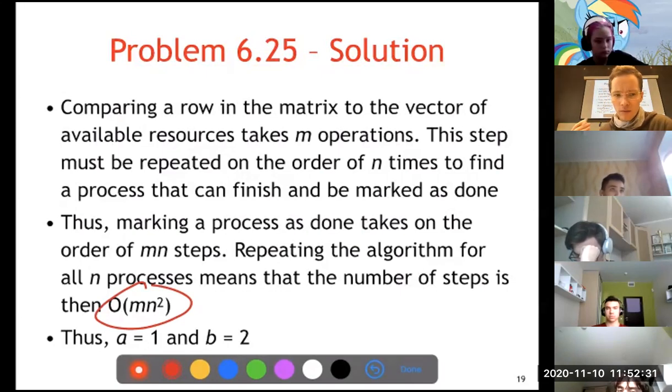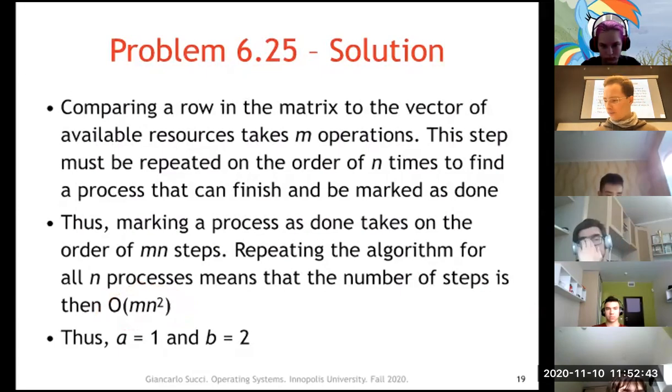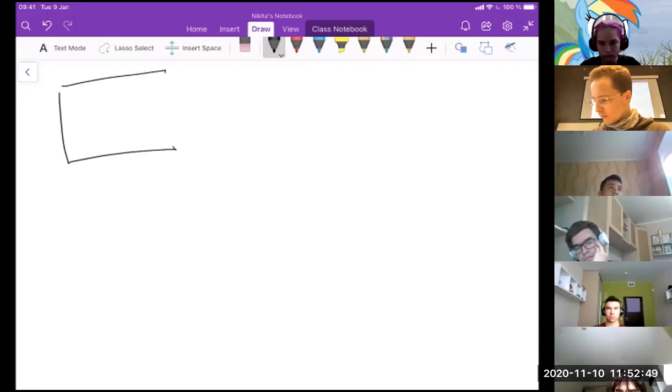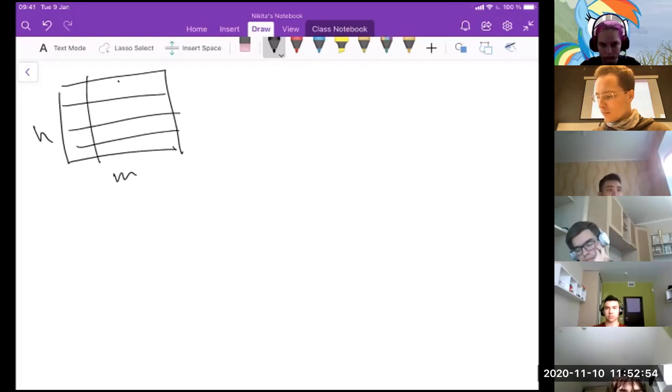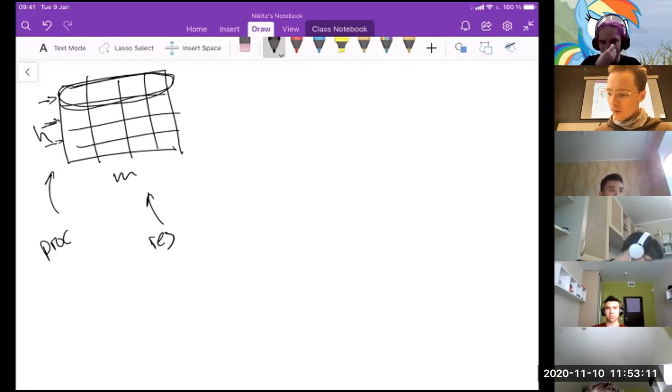A bit slower, shall we repeat? Once again, we have a matrix in the banker's algorithm. It is of size n times m. So these are the processes, these are the resources. For every one of them, we need to check if we take this one to finish, will any of the others finish?